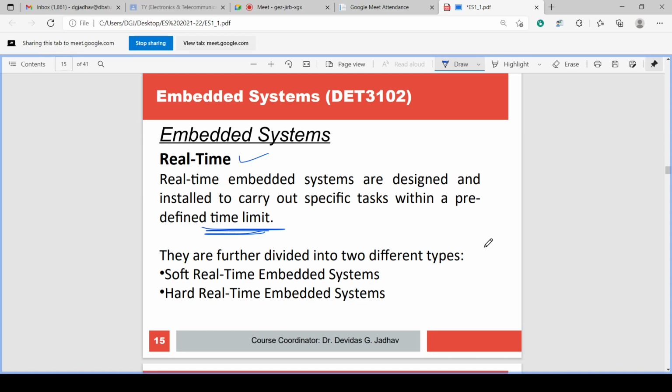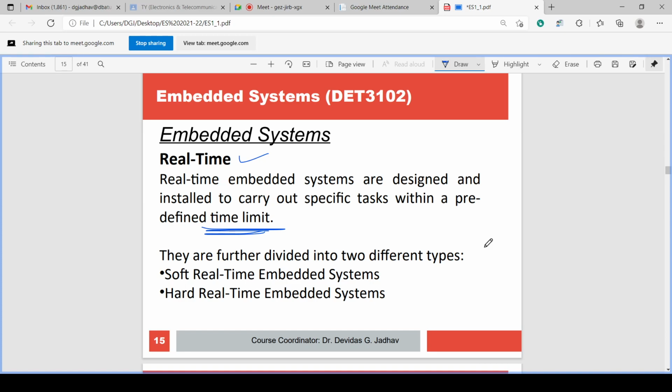Further, real-time embedded systems are divided into two different types: soft real-time embedded system and hard real-time embedded system. What do you mean by that? Suppose we have kept some time limit, like mobile voice over. There is a very small lag, and that is a soft real-time embedded system.